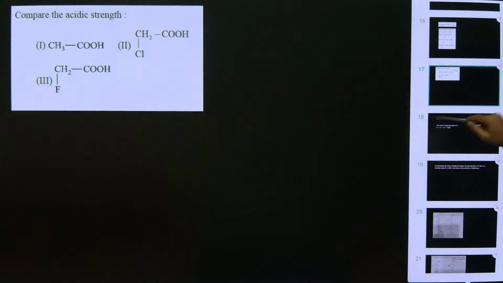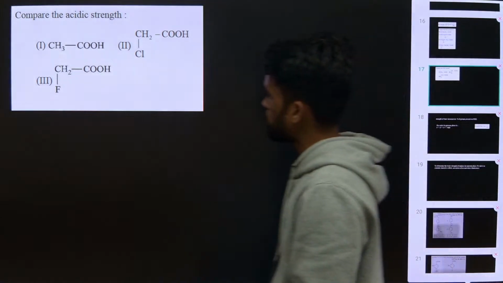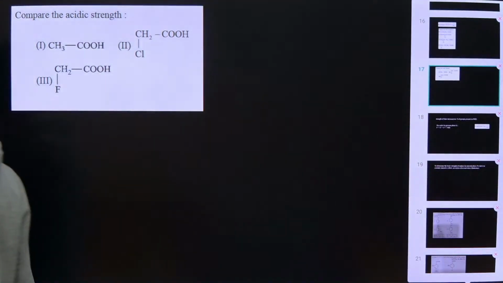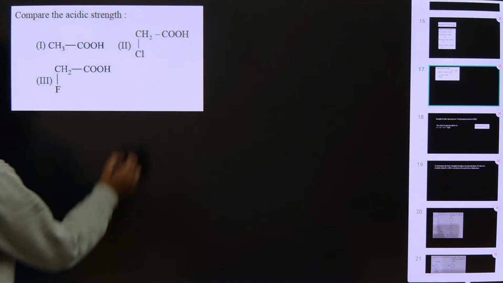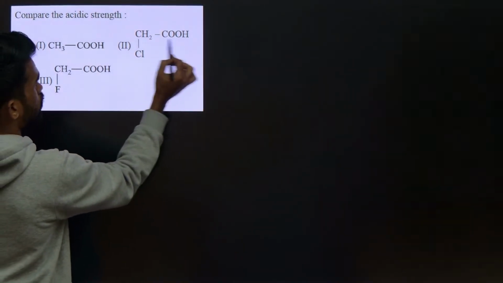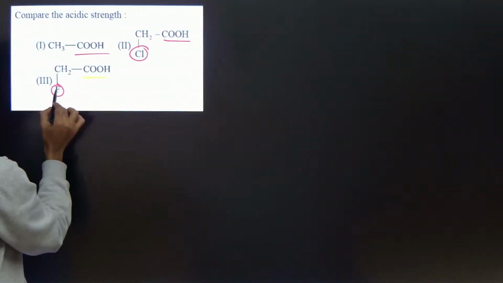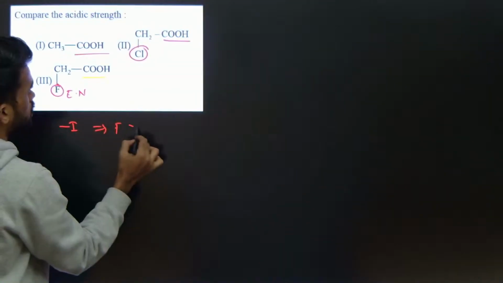So this question I had given as homework in the last class. How can you solve this? Very easy. See, we have carboxylic acid groups here, but fluorine is there, chlorine is there. What we know is that fluorine is a more electronegative atom, so the minus I effect of fluorine is more than chlorine, right?